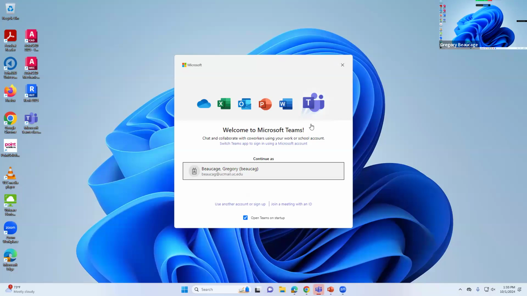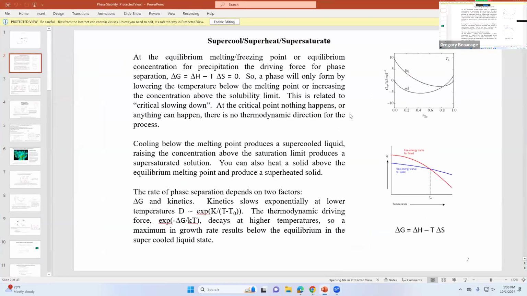So it's possible to have liquid and solid, but you can go to a point where the solid should have a lower free energy, but you're actually in the liquid state. So you can overshoot. In fact, that's how you make a glass, basically.